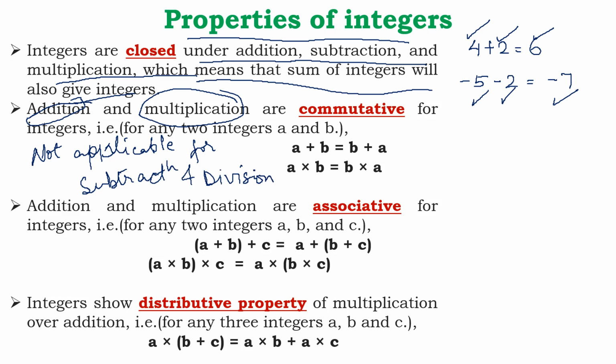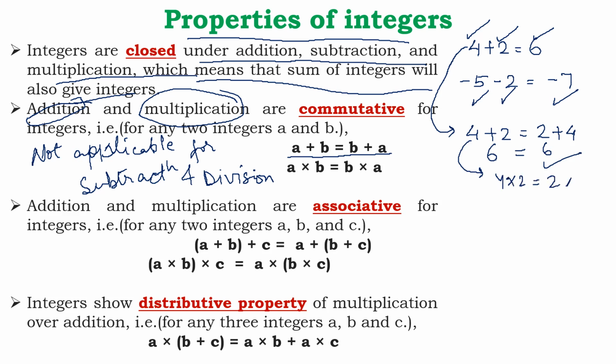For example, it says a plus b equals b plus a. Let us take the same example, 4 plus 2. Now 4 plus 2 is equal to 2 plus 4. What I did, I just changed the order. 4 plus 2 is 6 and 2 plus 4 is also 6. So correct. If you multiply, 4 into 2 is 2 into 4.